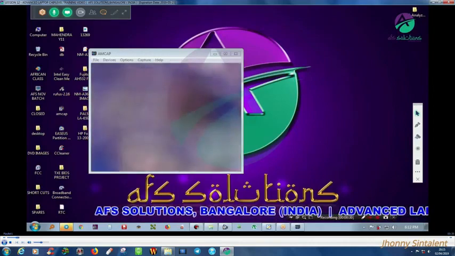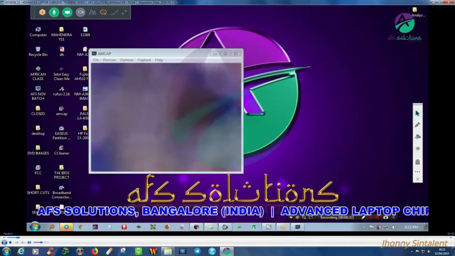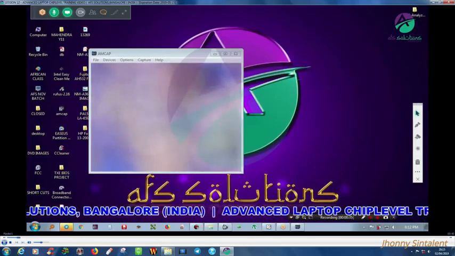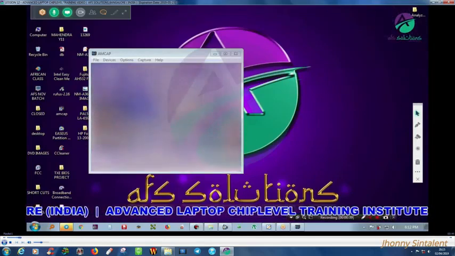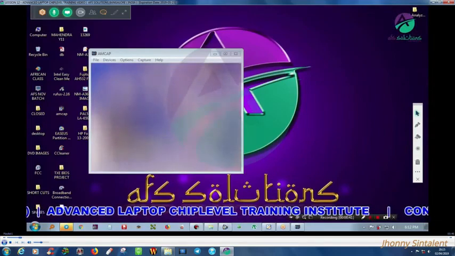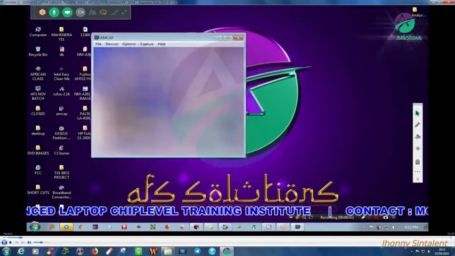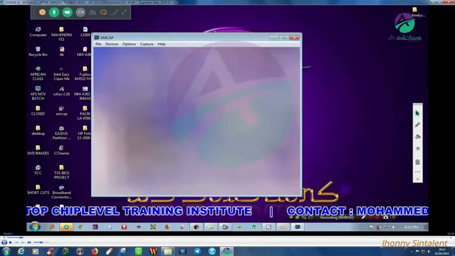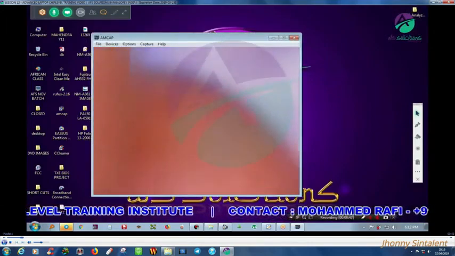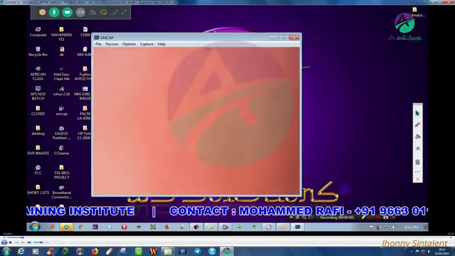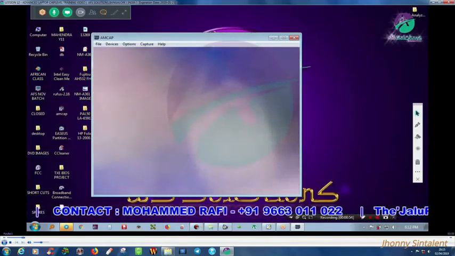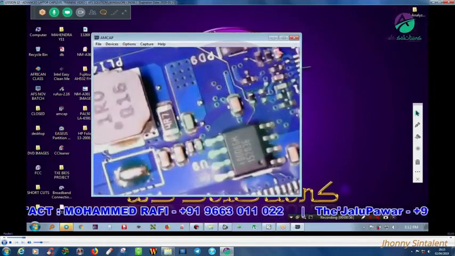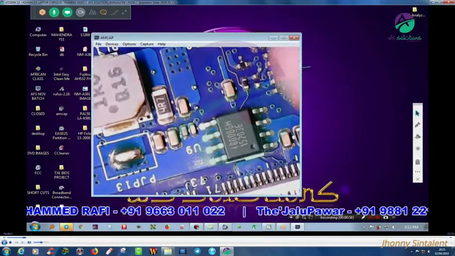And this is my charging IC, I think. I am aligning my microscope here. So let me align it. Good. Yes, my microscope is ready.